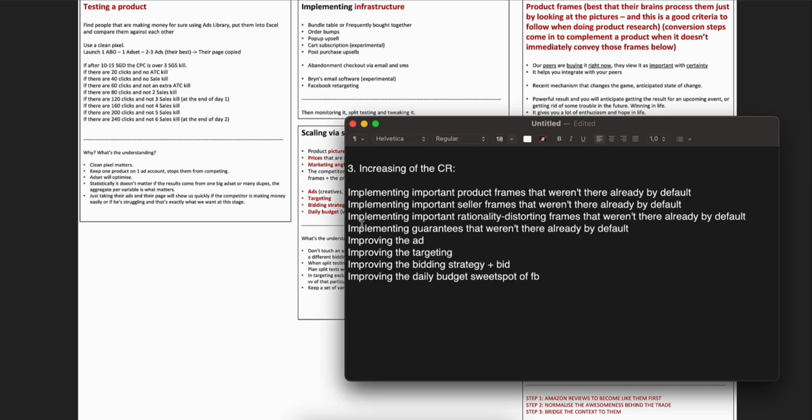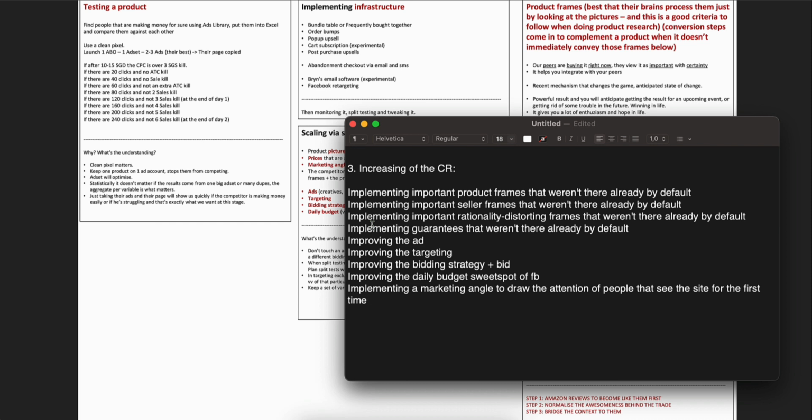Oh, right. Implementing a marketing angle to draw the attention of people that see the site for the first time. So this also has an impact on the conversion rate.